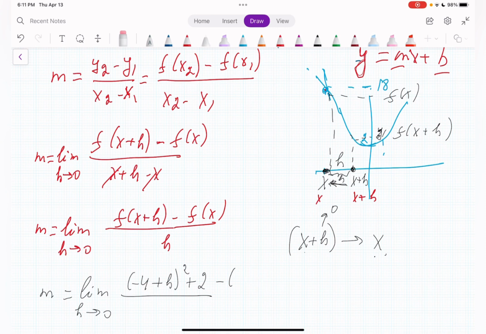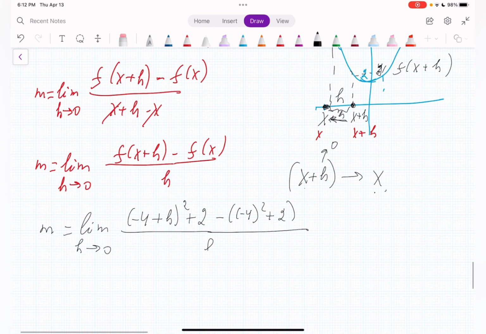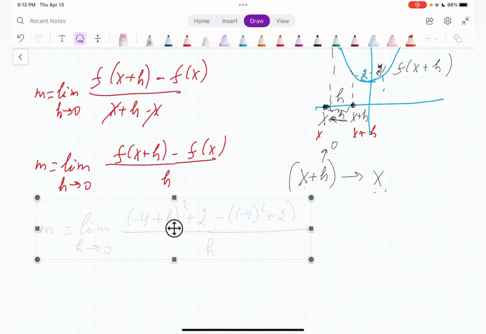So negative 4 squared plus 2. All right? And we are dividing by h. So what do we get from here? Let's do some real quick algebra.